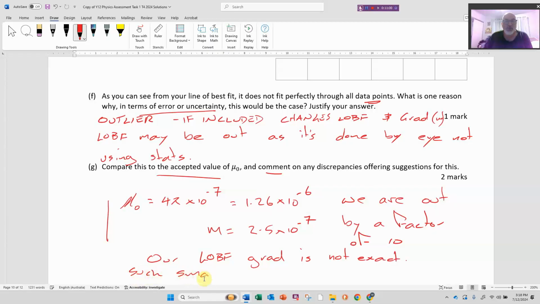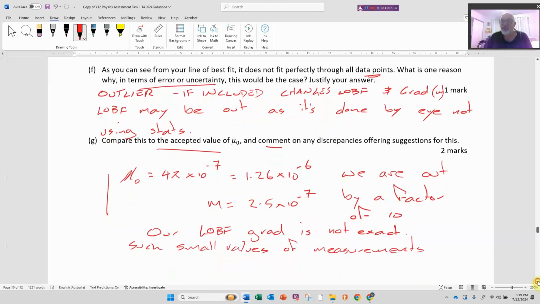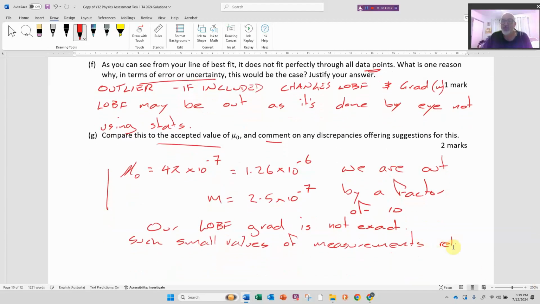Such small values of measurements rely heavily on the equipment used. There's 2. Could be anything as long as it was reasonable and justifiable. And that would have given you your 2 marks.